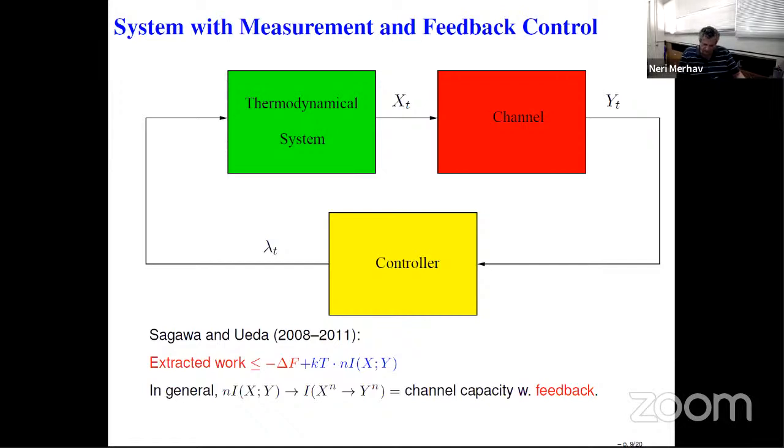And the interesting point here is that we see the directed information, denoted with an arrow, in the context of feedback, and it's well known in information theory that the capacity of a channel with feedback is in general given by the directed information and not the mutual information. So there's an interesting relationship here between information theory and physics.